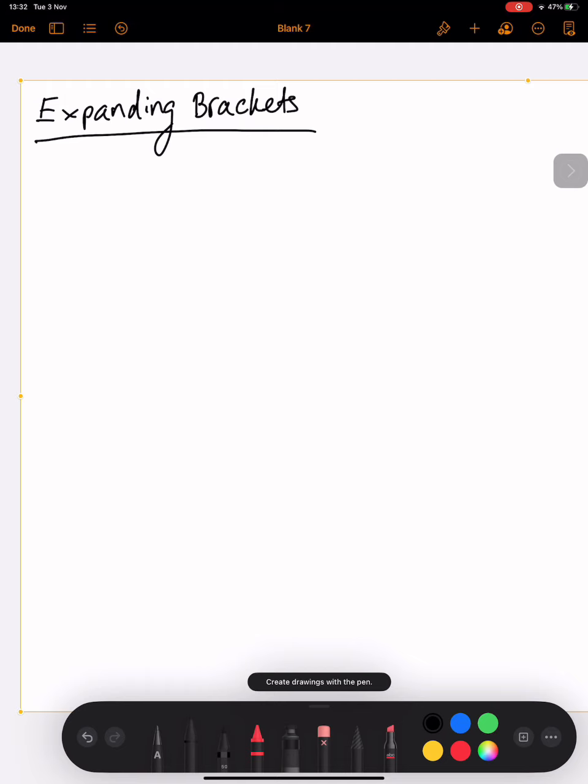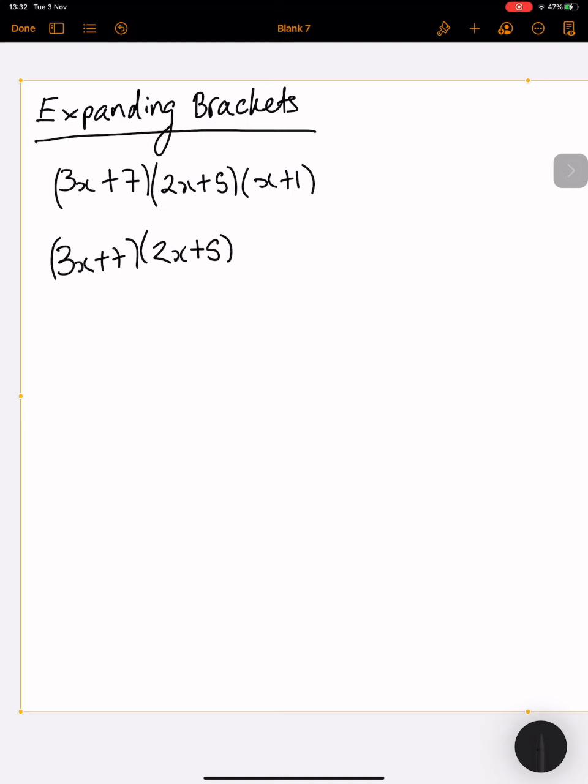So 3x plus 7, 2x plus 5, x plus 1. Okay, so what we're going to do is we're going to do the first two brackets first on their own, but not forgetting about that bracket there.